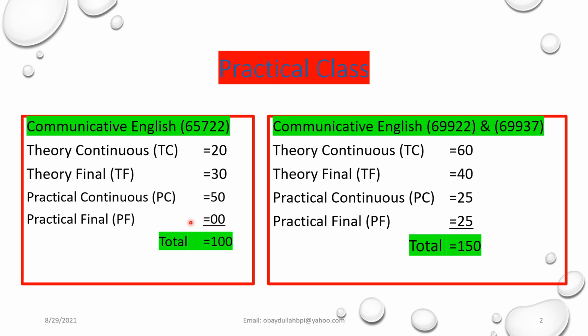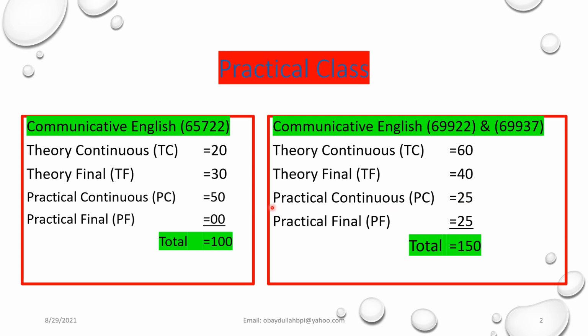That means in this course you have no practical final, but the students of tourism have practical continuous marks PC 25 and practical final PF marks 25, total 50 marks. The total marks are the same, but the only difference is that in Communicative English here there is no practical final performance, no practical class, and here practical final is 25, practical continuous 25.